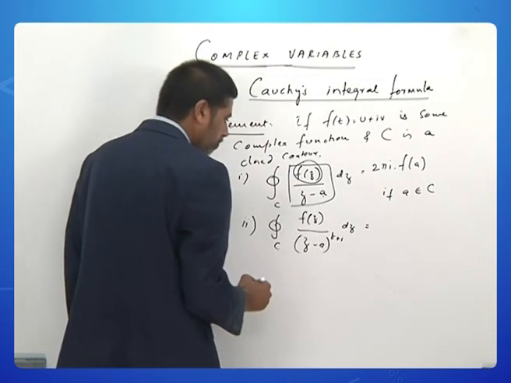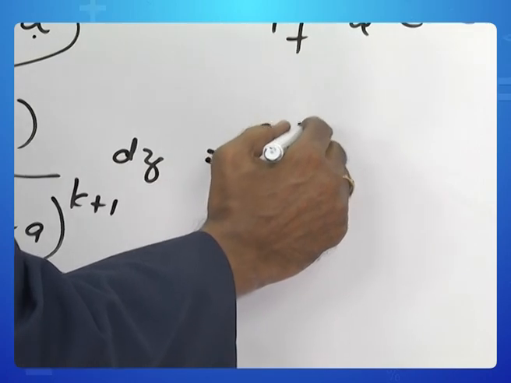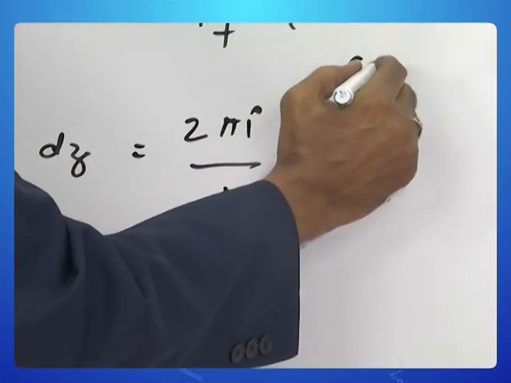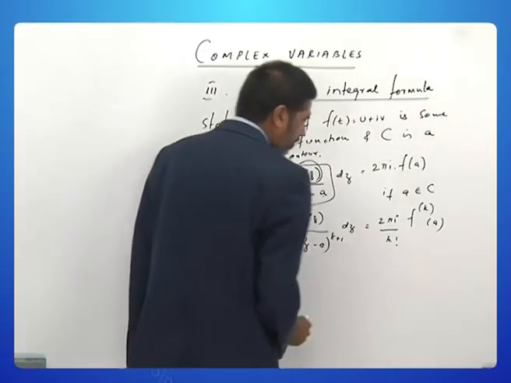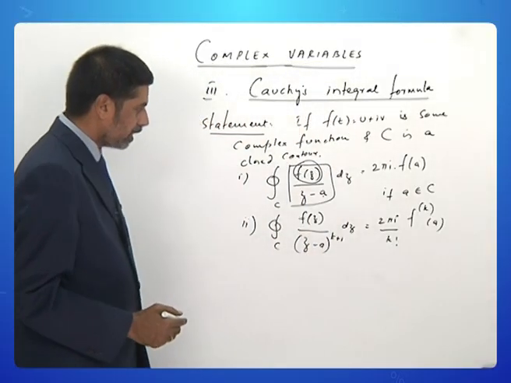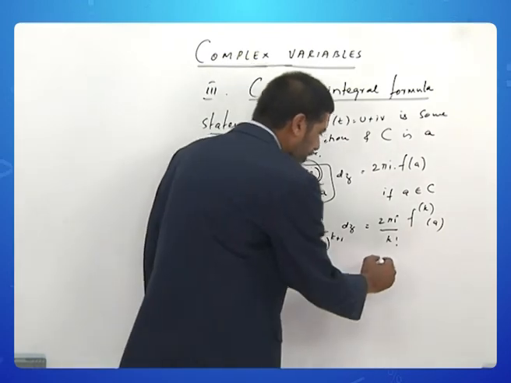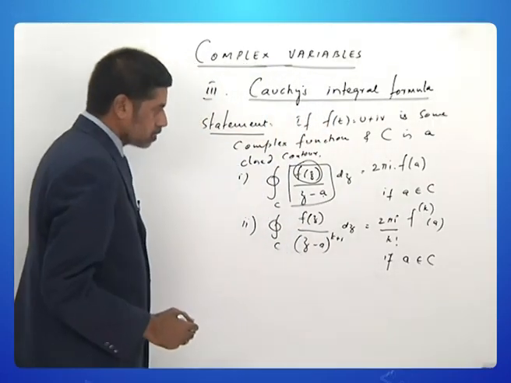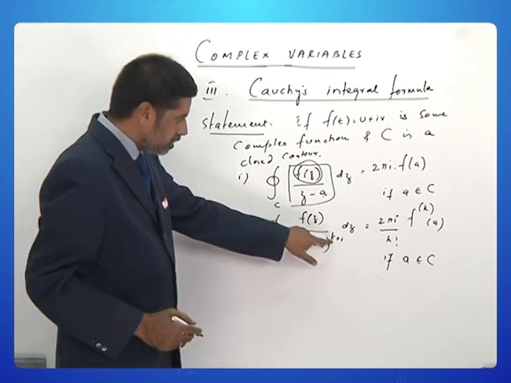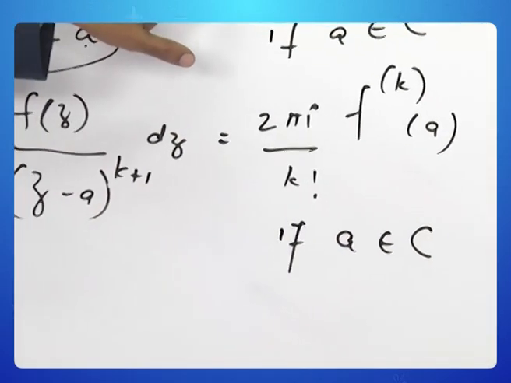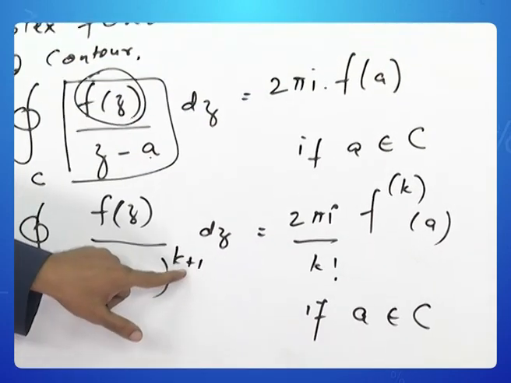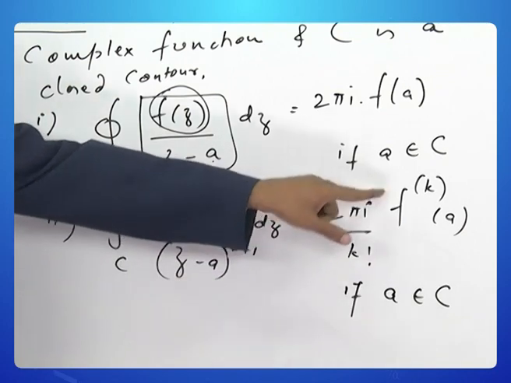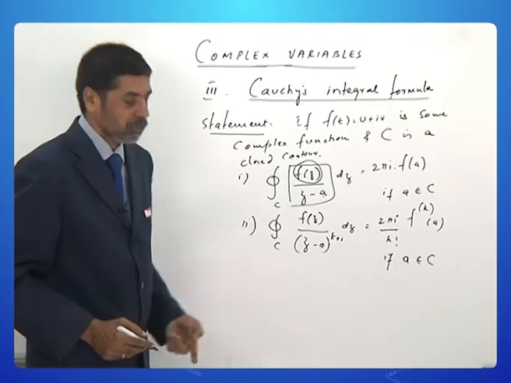So, this will be 2 pi i by k factorial times the kth derivative of the function evaluated at that point, again if a is inside the contour. Specifically for k is equal to 0, you get back this formula. If you got a square here, k becomes 1 and you will get 2 pi i by 1 factorial into f dash a, and so on and so forth.